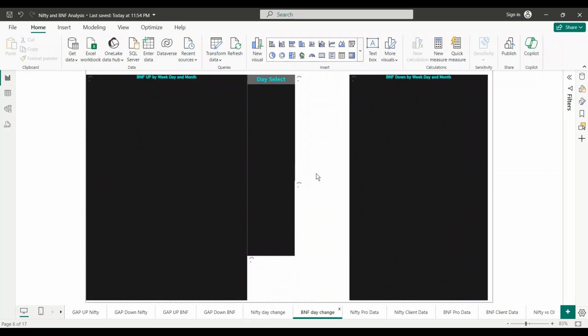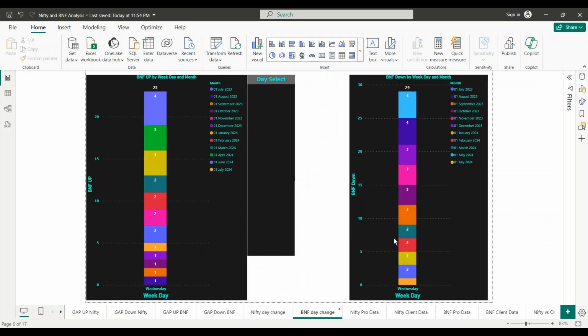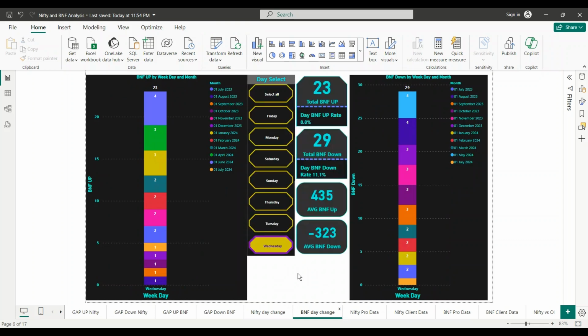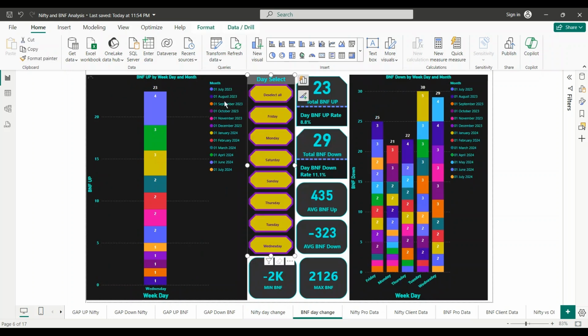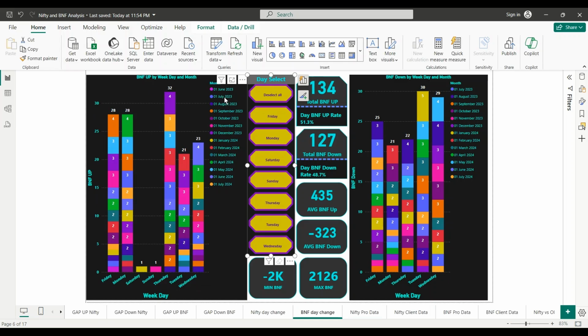Okay, let's see. Bank Nifty is also the same. See, whatever I filtered there, it also got filtered here. Let's select all and then August. Let's see what it shows.